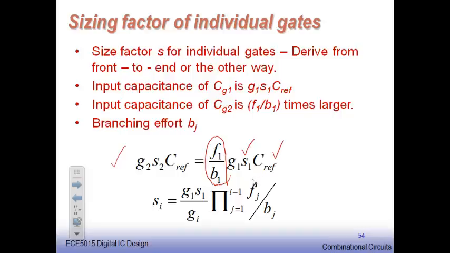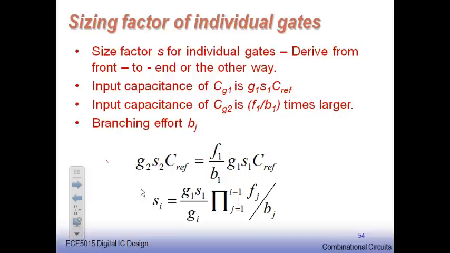I have my first stage. My second stage is going to be so many times bigger. This B1 will go here, and F1 G1 S1 into C ref would be equal to this. I am driving a bigger load with a structure which involves a lower capacitance, so I subsequently increase the drive strength.